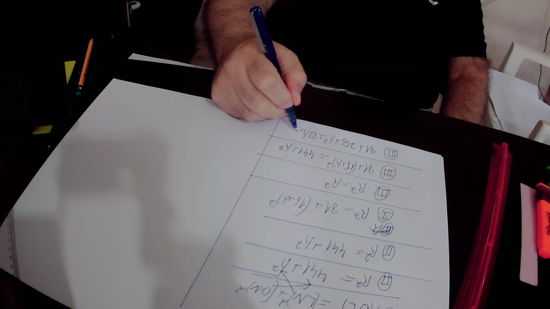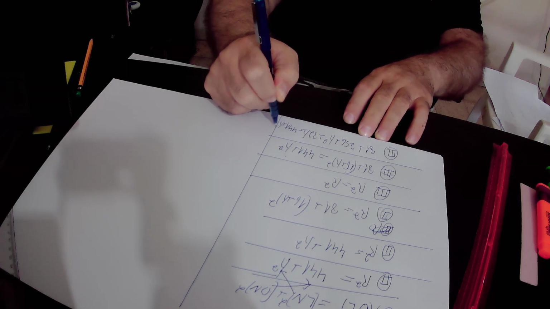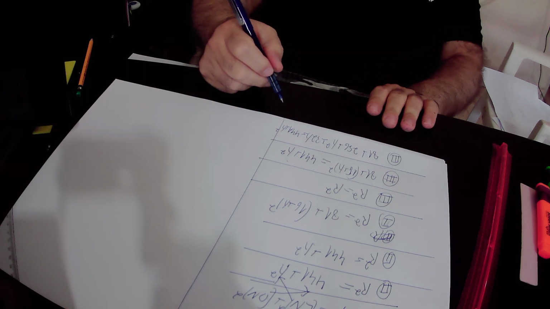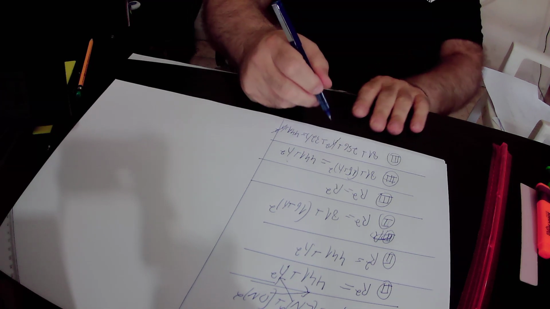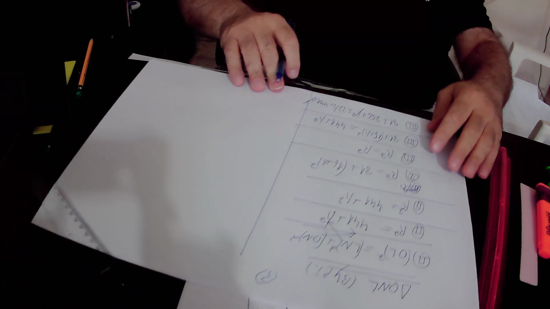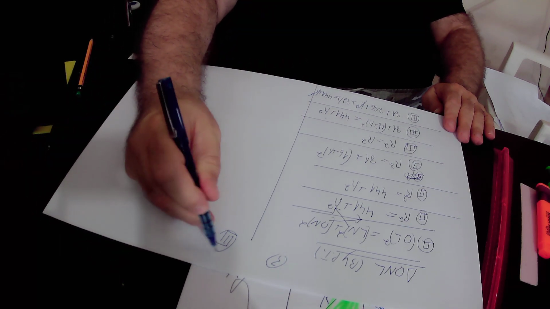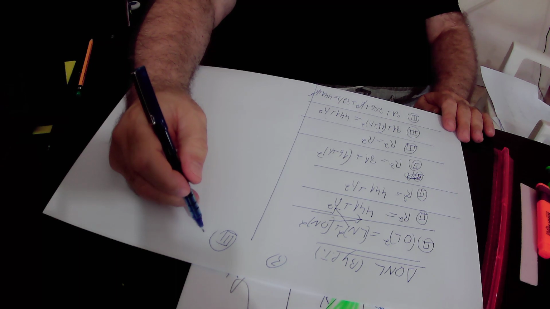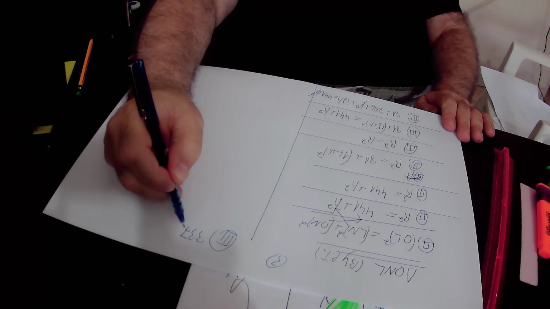And it is equal to 441 plus h squared. So here we have h squared on both sides of the equation, so h squared will get cancelled. And on this side of the equation, we have 81 plus 256, which is 337.